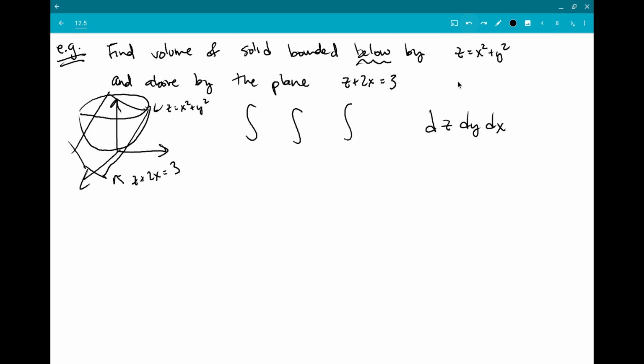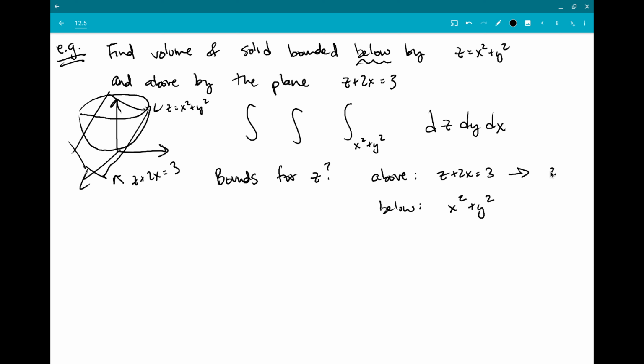So however you arrive at the conclusion, I know that the bounds for z are going to be that below it's bounded by this bowl, x squared plus y squared. And above it's bounded by the plane z plus 2x equals 3.